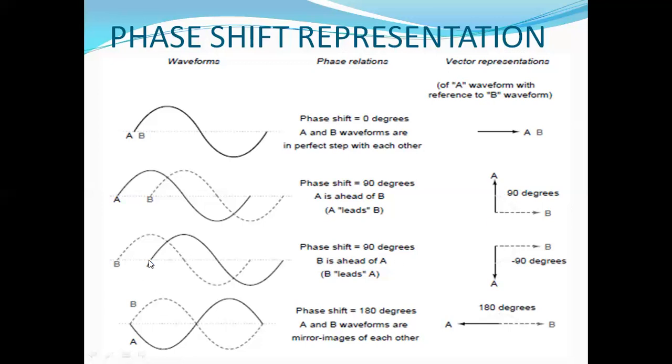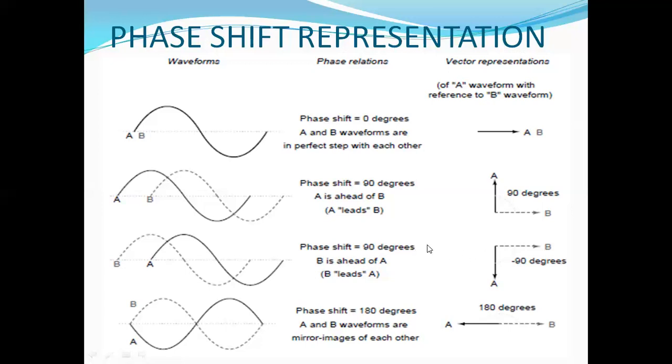Now in the third diagram, if you observe, both A and B waveforms are there. Again the phase shift between them is 90 degrees, but here B is ahead of A. B is ahead of A, which in other words means A is lagging behind B. So A is lagging behind by 90 degrees.